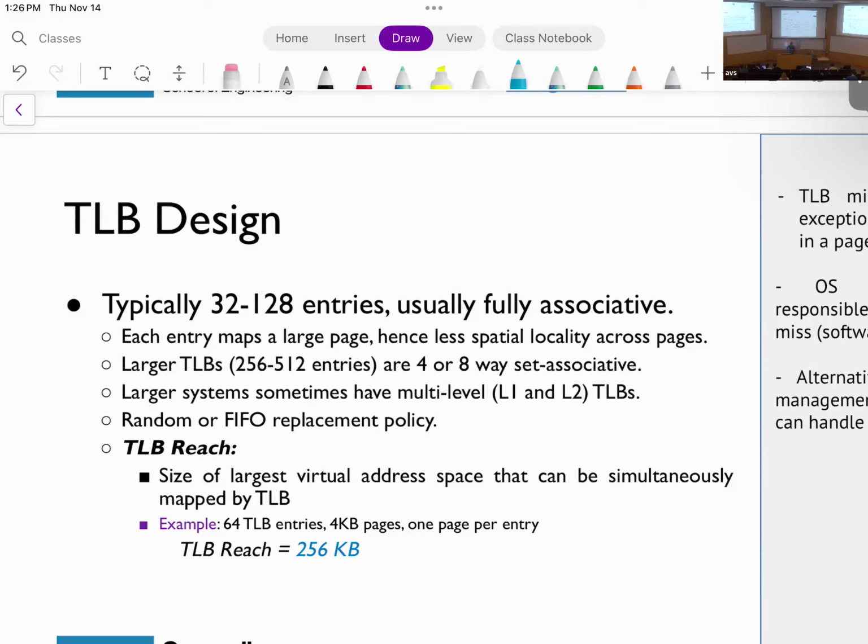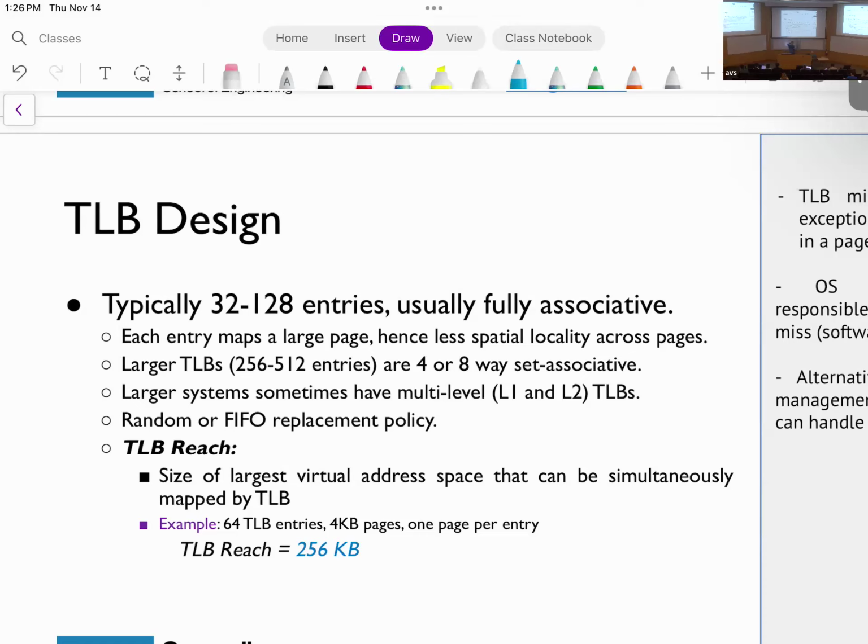In terms of spatial locality, you're not going to see the same patterns that you see in a cache. There's also a concept called TLB reach. It means that if your pages are 4 kilobytes, the size of your page times the number of entries you have in the TLB is the biggest contiguous address range that you can access without having a TLB miss. Why is this important?